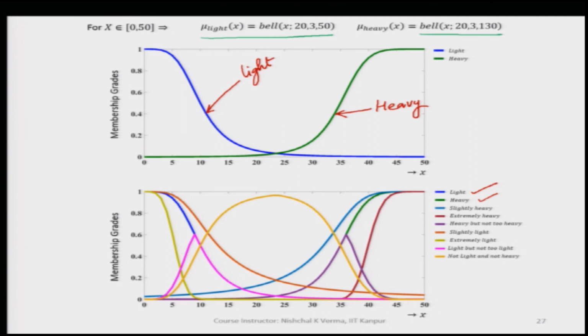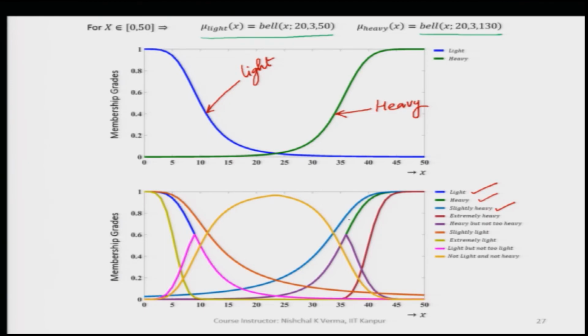Slightly heavy we have obtained by dilating heavy, meaning we have simply taken k equal to 0.5.